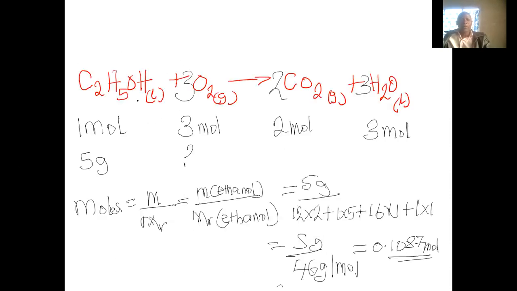From our balanced equation, it is shown that 1 mole yields 2 moles of carbon dioxide. We already calculated the number of moles of ethanol, which we found to be 0.1087 moles.